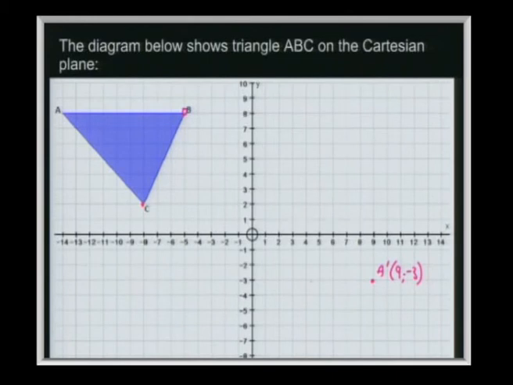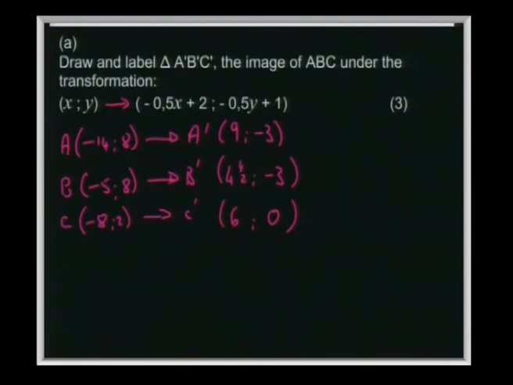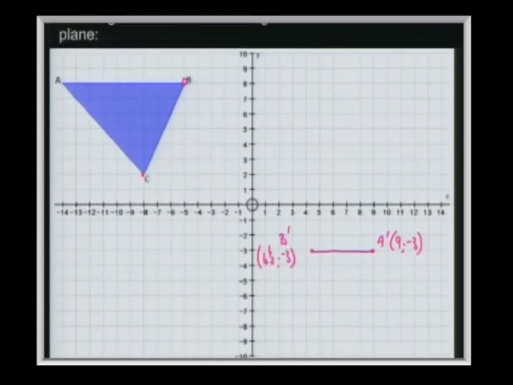B dash, 4.5, negative 3. The first side of our triangle. C dash was the point 6, 0.